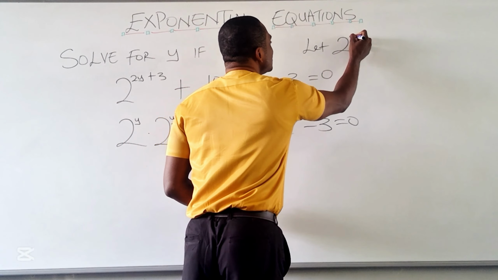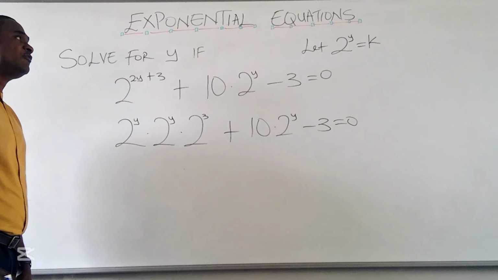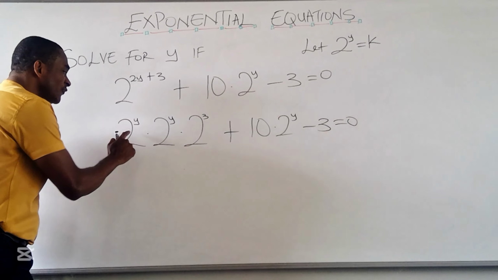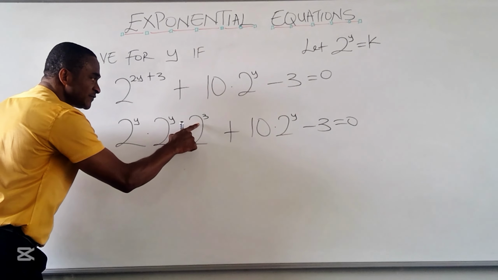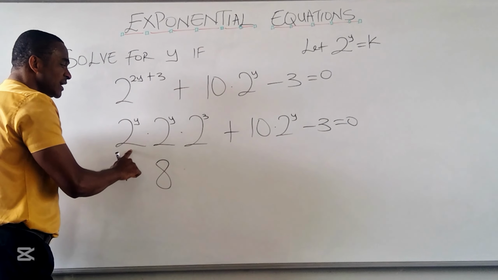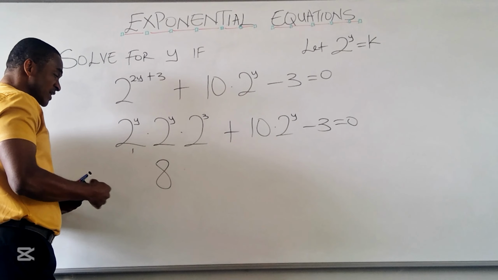We can say let 2 exponent y equal k. We call this the k method. If we replace it, after solving we can take it back. So if we have k times k, this gives us k squared. And this 2 to the power of 3 is 8, times k, because 2 to the y is now replaced with k.